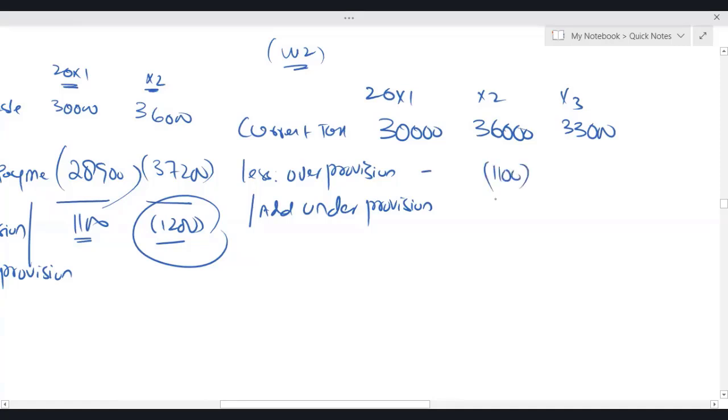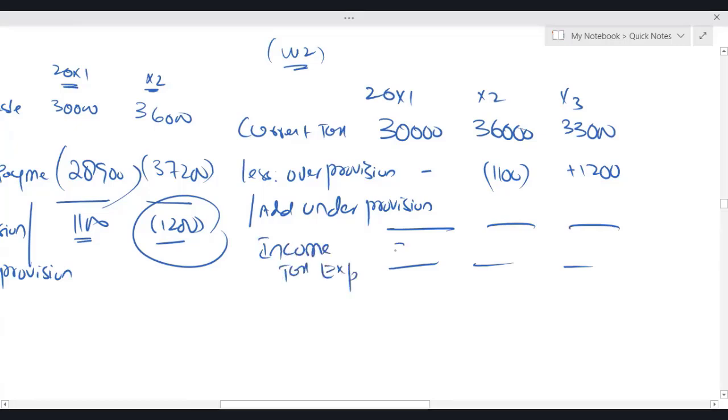So 1,100 will reduce your income tax expense, but the 1,200 will increase your income tax expense. Why? Because 1,200 is the under provision. Under provision increases your current year income tax expense. So income tax expense is 30,000. 36,000 minus 1,100, I'm getting 34,900, and here 34,200.